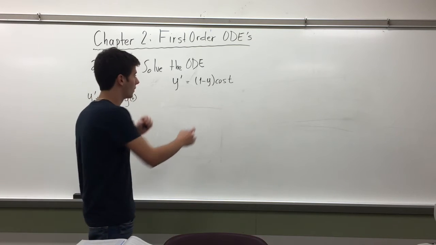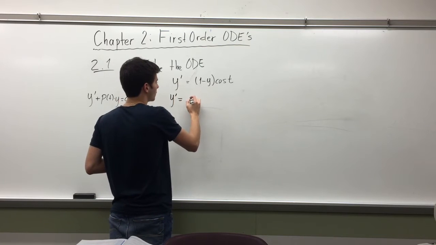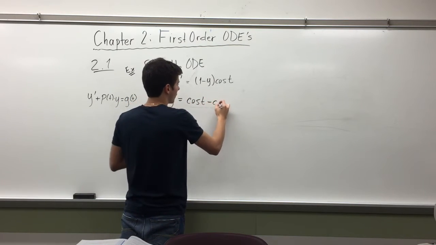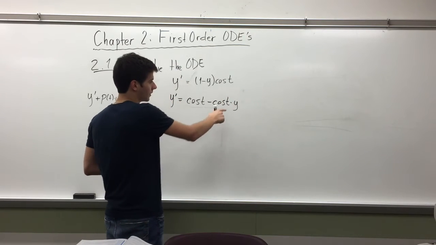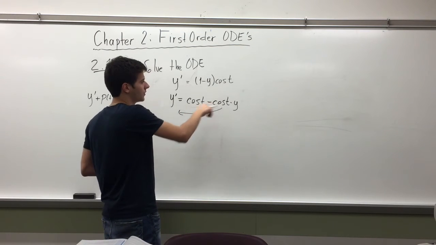So if we multiply this out, we're going to have y prime equal to cosine of t minus cosine of t times y. And let's add cosine of t to both sides.